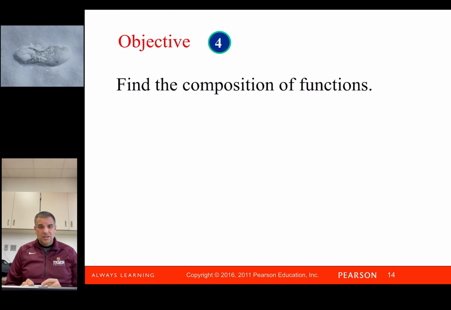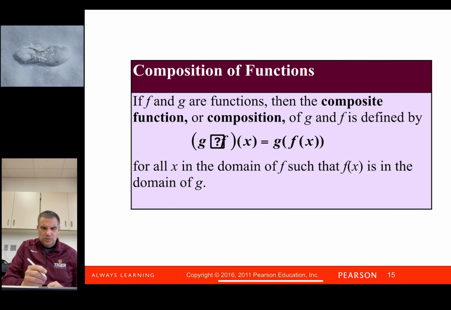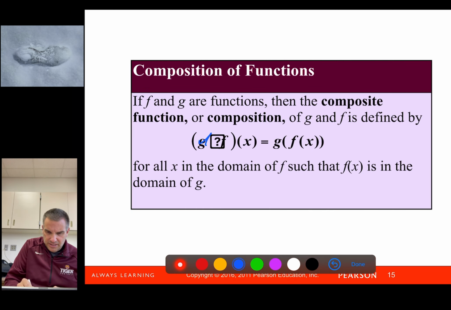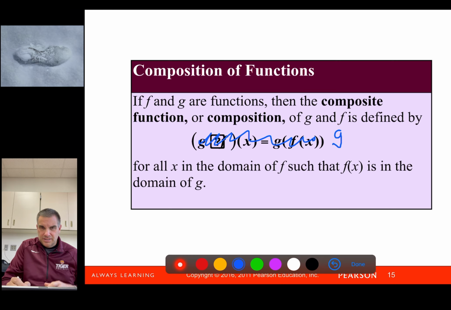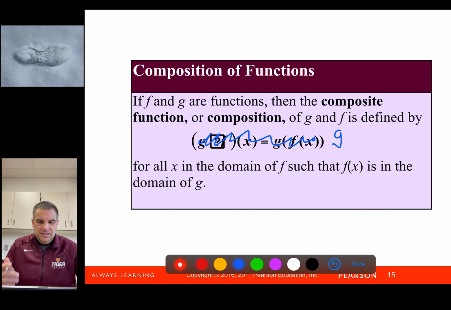So now the new one, finding composition functions. The format that I used doesn't do this very well. It doesn't recognize it. I put it on a Mac, and it just doesn't recognize it. So what this says is g, then an open circle, f of x.